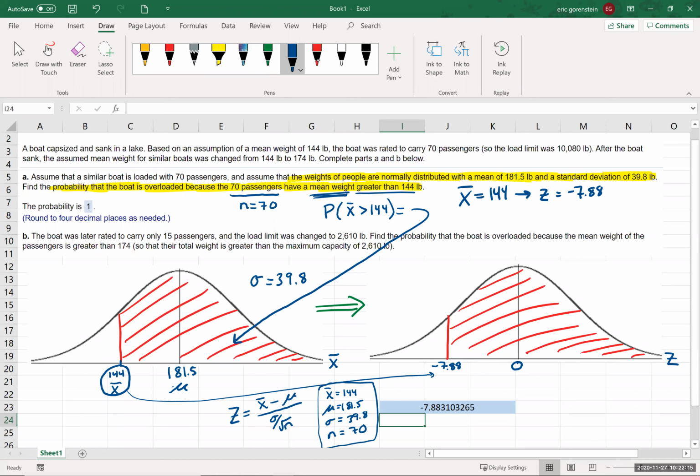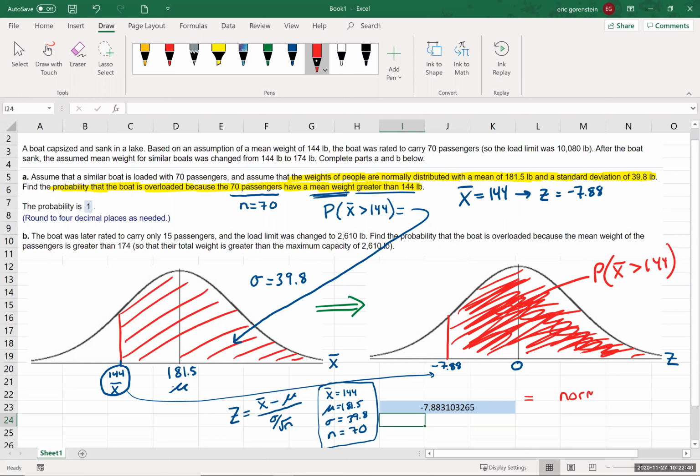Remember, the answer to the problem is this red area. That's the answer we're looking for. That's the probability that X bar is greater than 144. And to find area, we have the Excel function for that. Equal NORM.S.DIST parentheses z-score comma 1.